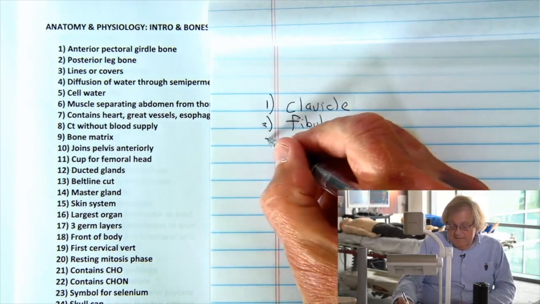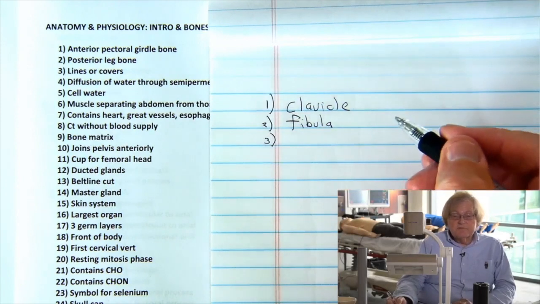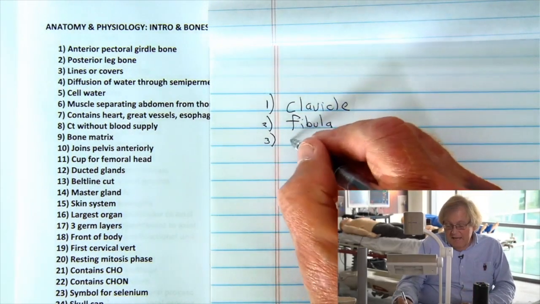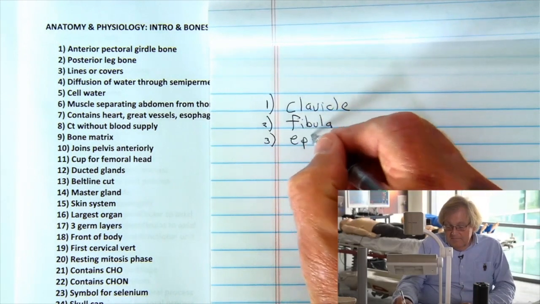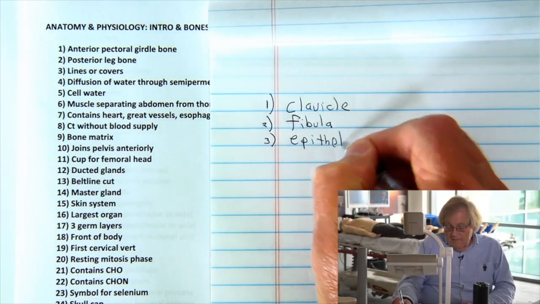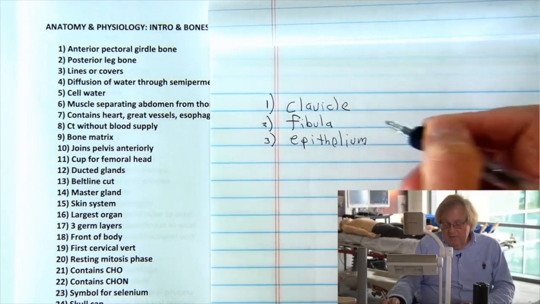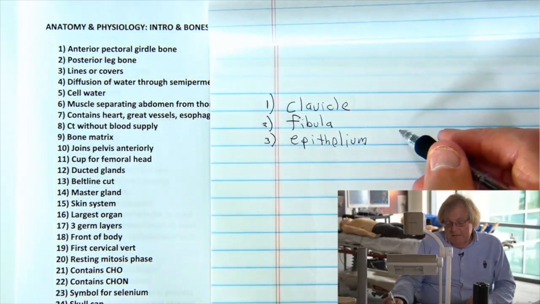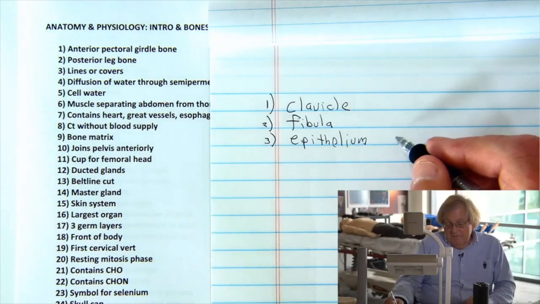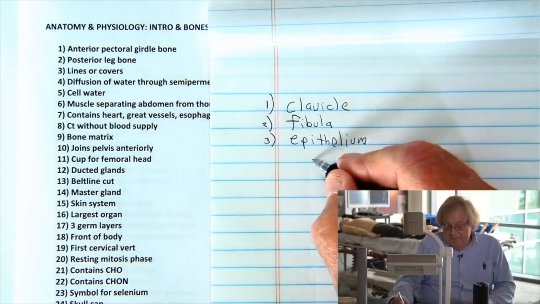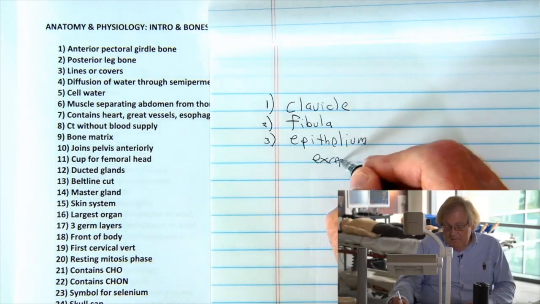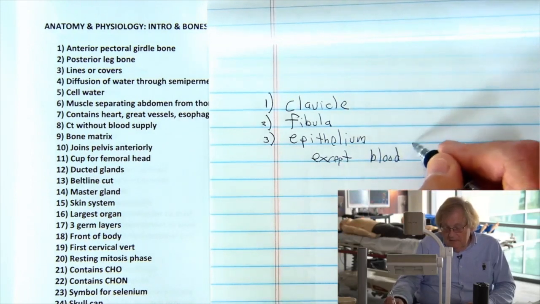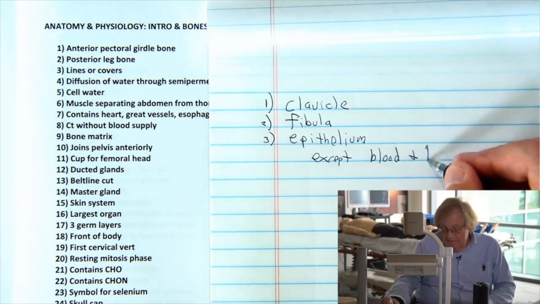Number 3 says lines or covers. Well, to line or cover is defining something called an epithelium. Now, an epithelium equals an epithelium everywhere except in blood vessels and lymphatic vessels.